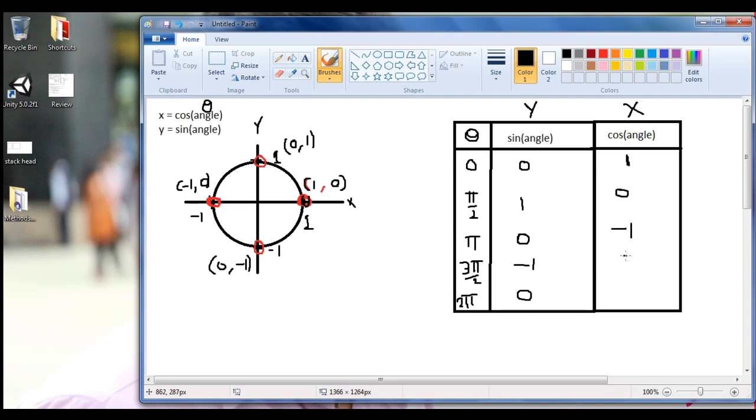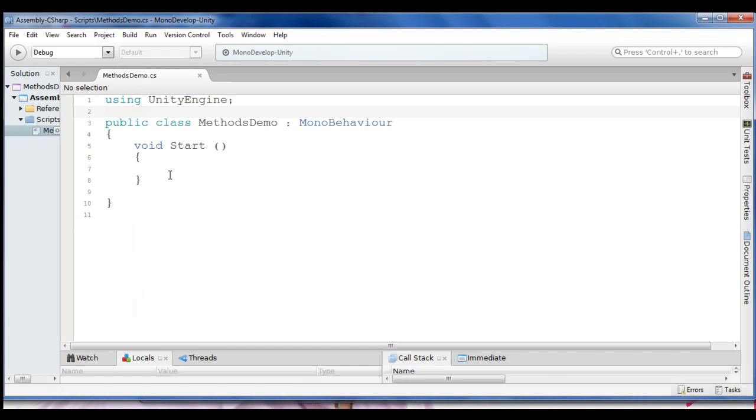Then cos of 360 degrees is going to be 1. That is our x position, which is 1. This is how you can use the angle to find out the x and y position of the object. Let us see those things by example in code.